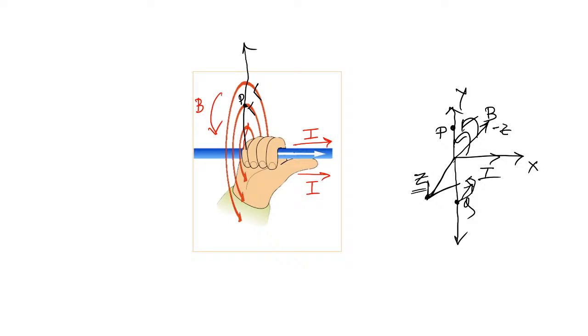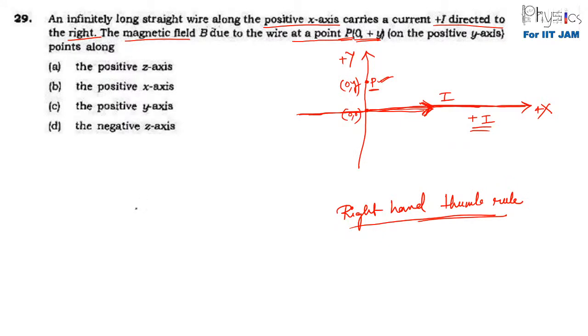But we are asked to find the magnetic field at point P, that is on positive y-axis, so it is along positive z-axis. The direction of magnetic field is along positive z-axis. So our correct answer is option A, positive z-axis. Is it clear to you?